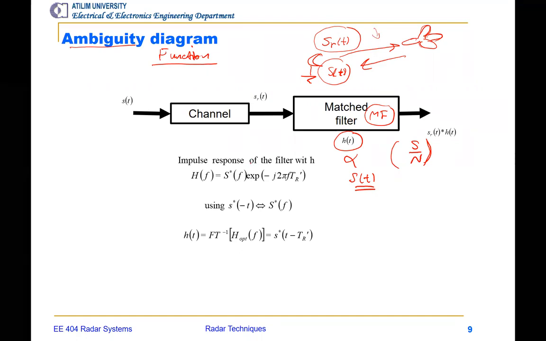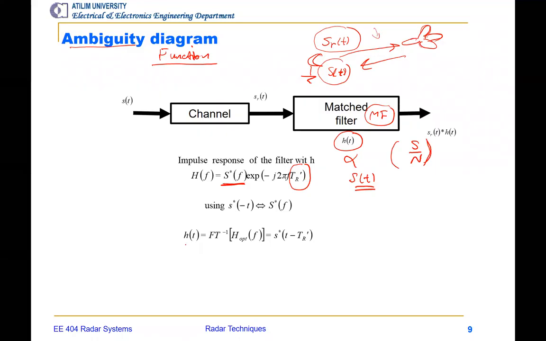The impulse response of the matched filter, as we have derived previously, is the complex conjugate of the spectrum of the transmitted signal times an exponential function, which includes TR prime, the estimated range, which is the estimated time due to the fact that the pulse travels to the target and returns to the radar.